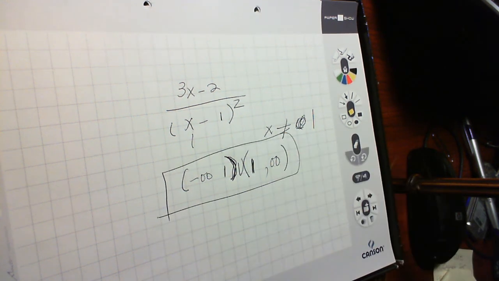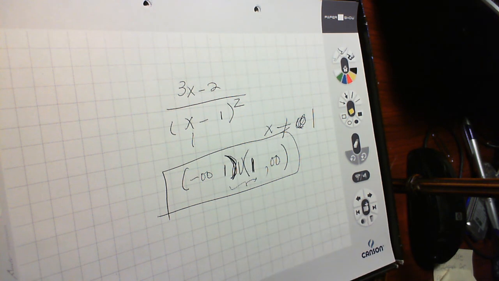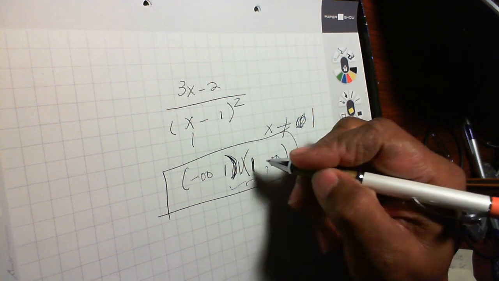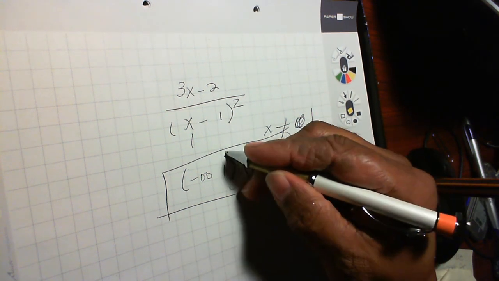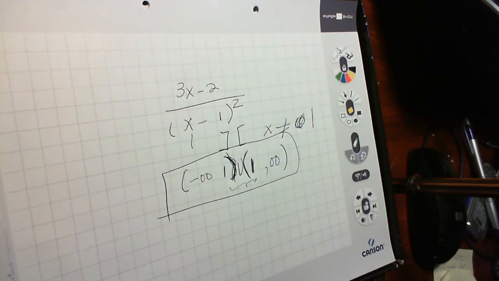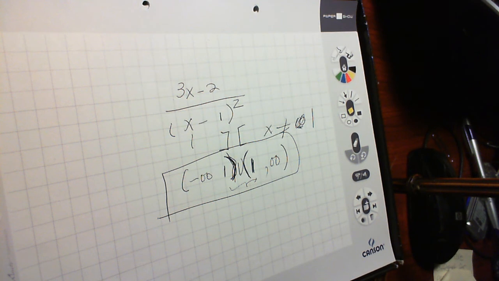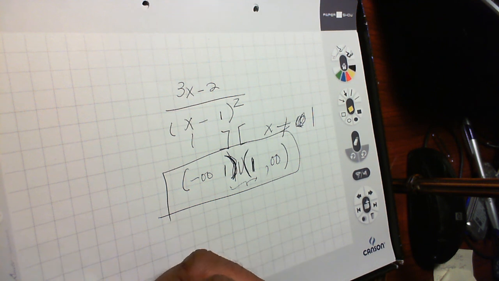This makes sure that you exclude the 1. Remember, the parenthesis means the open interval, and the square bracket means the closed interval, where you include the endpoint.